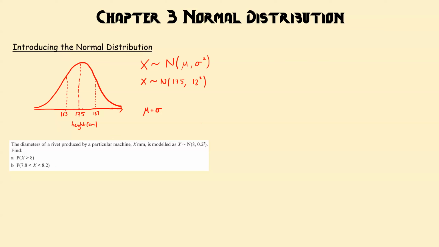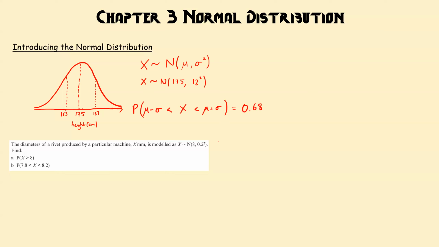Well, within this range, so between the mean minus the standard deviation up to the mean plus the standard deviation, the probability of this being the case is around 68%, so about 0.68. And that's quite important. You need to remember that particular number.